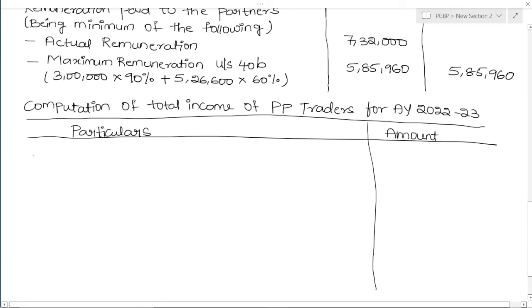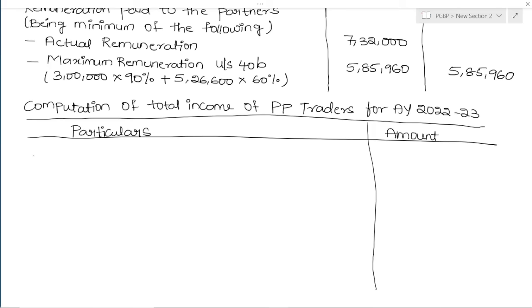Now let me tell you certain important things. Whenever we talk about business loss, 8 lakhs business loss is there. Now to adjust that business loss, we have only 8 years time. After that, we cannot carry forward. Think about unabsorbed depreciation. We have unlimited time, whenever we want, in whichever year we want, we can adjust from future profit.